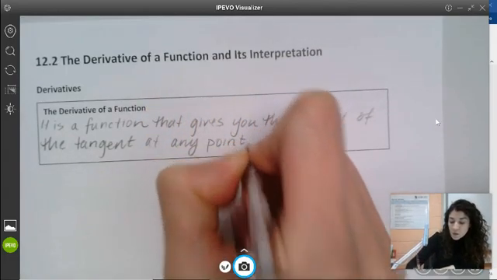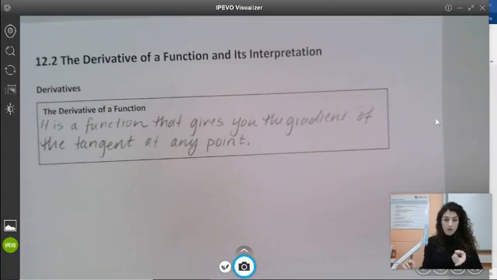And the derivative is really cool because, first of all, it just does it for you and tells you what the slope would be of the tangent line at any point. So instead of saying we're going to pick this 1 point and draw our best tangent line, your derivative says, you just tell me where the point is, and we can plug that point into this function, and I'll tell you what the gradient is at that point.